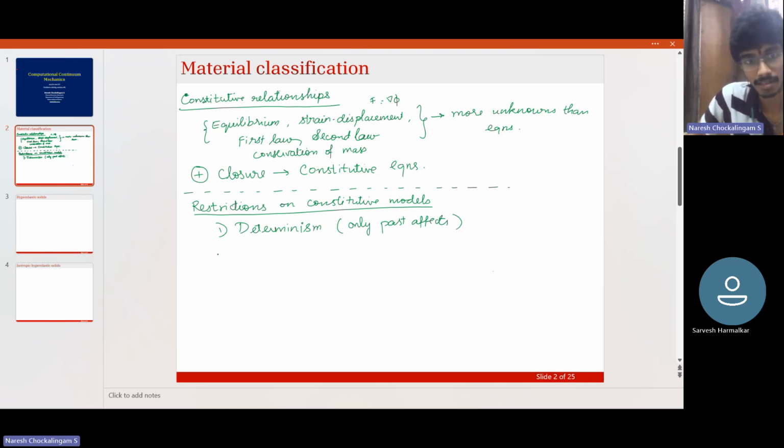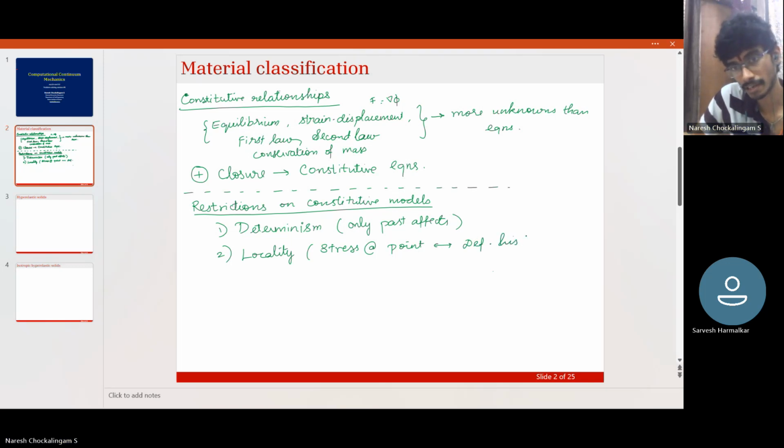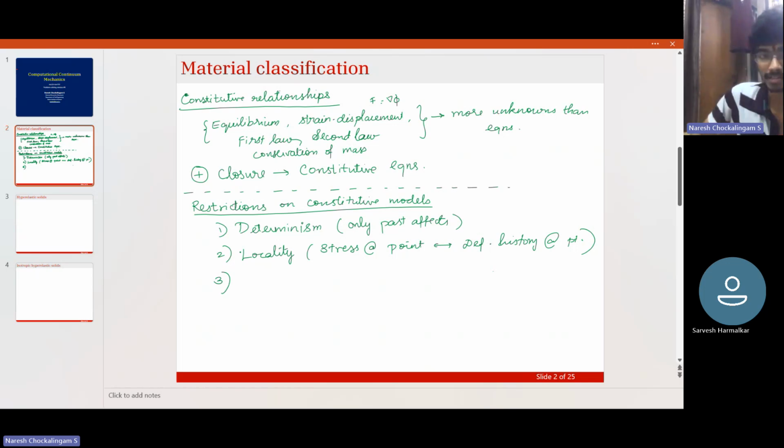That is logical. The second thing is locality, which says the stress at a point depends only on the deformation history at that same point. So the deformation somewhere else cannot affect the stress here directly. Then the third thing was frame indifference. All our governing equations have to be frame indifferent.